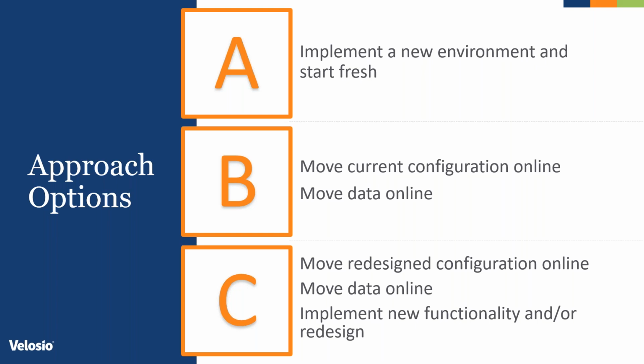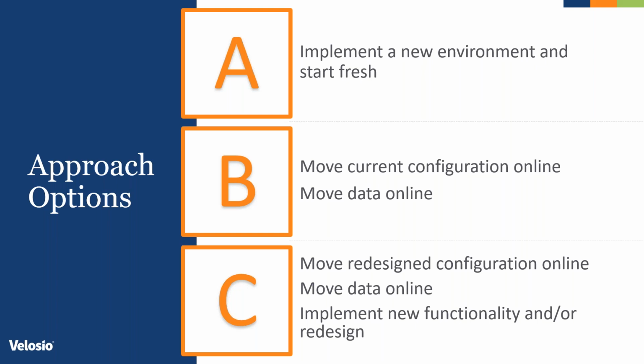From a complexity of the move standpoint, this is an easier one, right? We don't have to think about how to move things and how to align things and stuff like that. But in a lot of situations, that's not a feasible option. Sometimes it is. We do have some customers that do that, but not all the time.